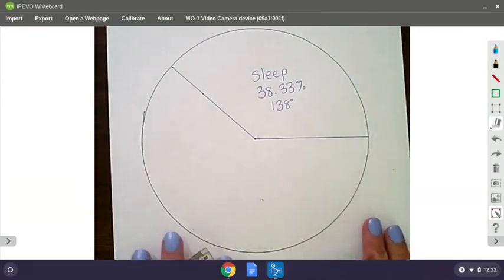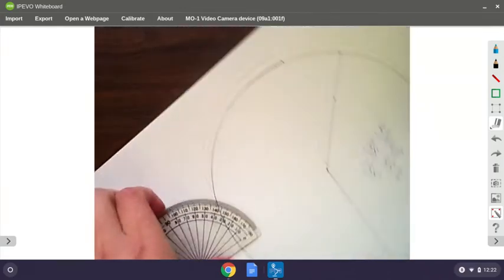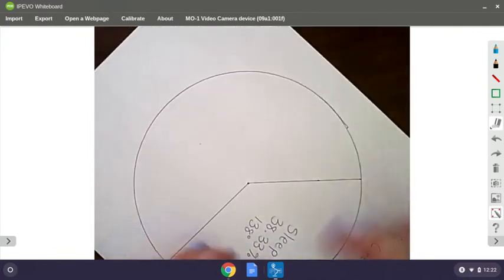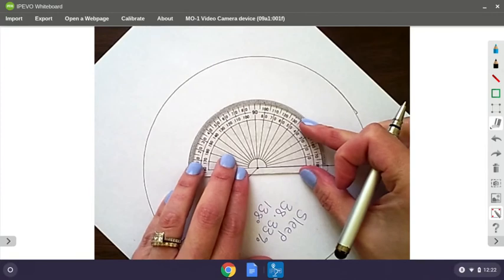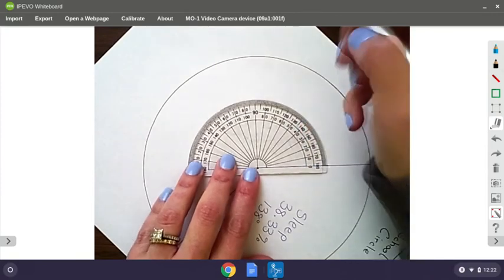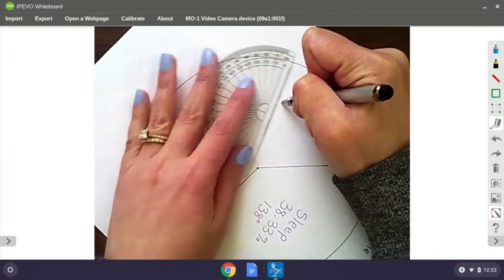Okay, then to do the next one, my next biggest one was school, distance learning, prepping, and grading, which was 67.5 degrees. So I'm going to turn it so it's like how I started with the radius, just across like this, and then I'm going to set it up again. So 67.5 is like here.